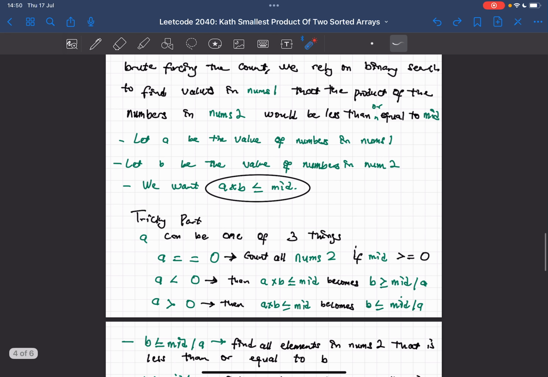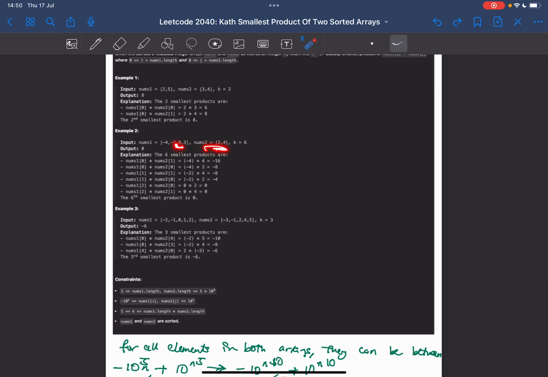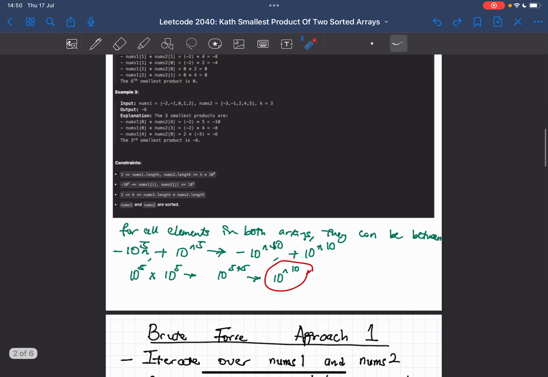But the tricky part is that A can be one of three states. A can be 0, meaning, for example, if you look at this example, where A is 0, it doesn't matter what you multiply in nums2, it will always give you 0. And what we want to establish is every possible product that is less than or equal to mid.